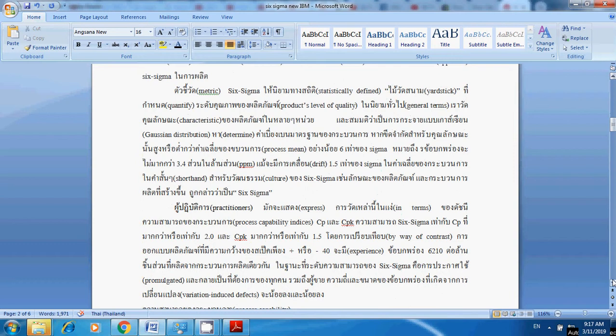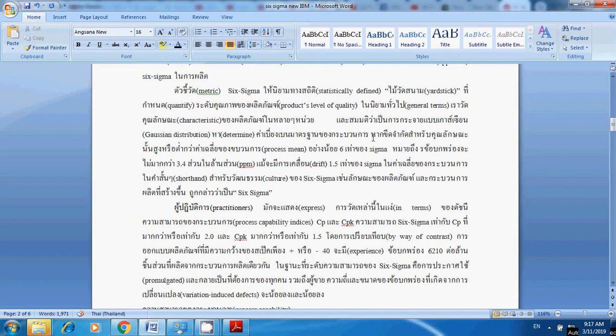The Six Sigma metric gives a statistical definition as the yardstick that quantifies the quality level of a product. In general terms, we measure the characteristics of the products in different units and assume a Gaussian distribution to determine the standard deviation of the process.